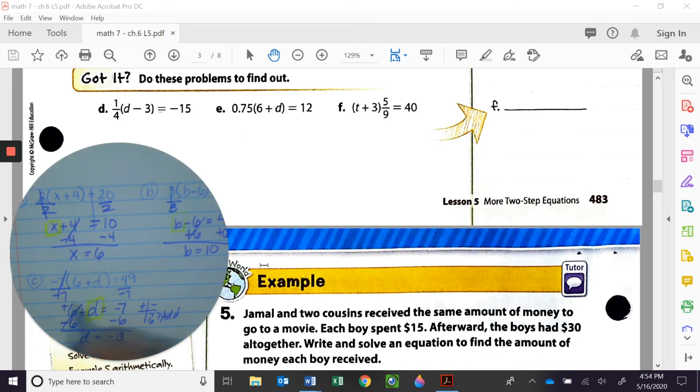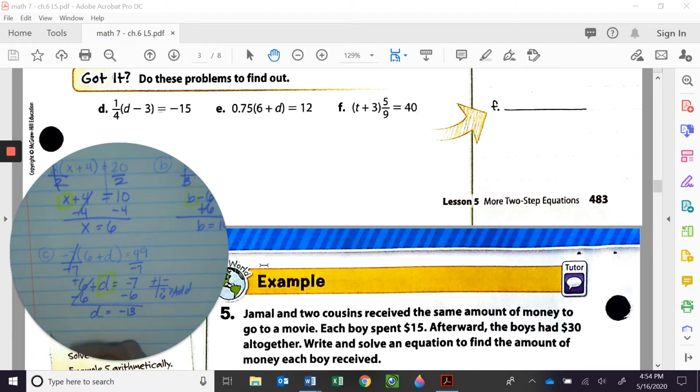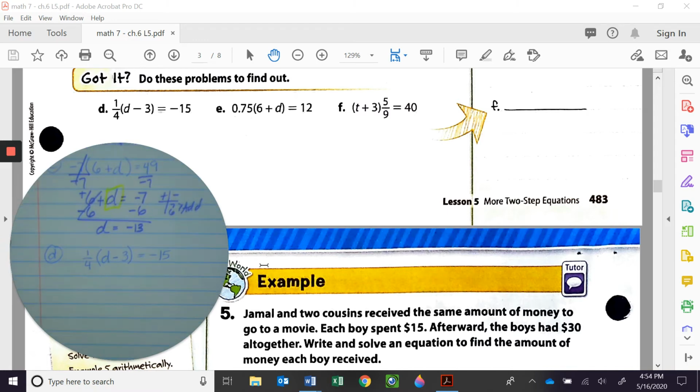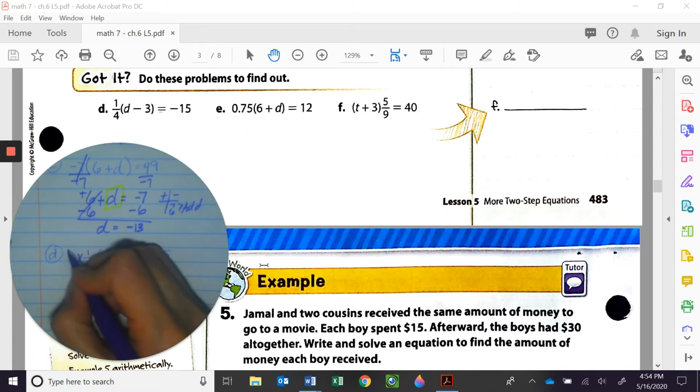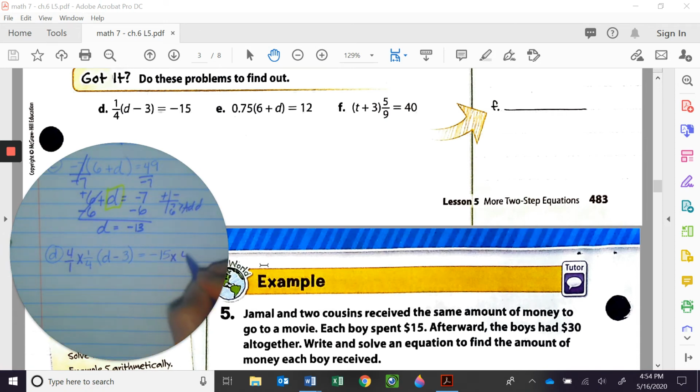Even if we have fractions, the idea still works the same. The only difference here is that, remember our rule about fractions, we can't divide by fractions. We have to multiply by the reciprocal. So this fraction goes away, leaving us what's inside of the parentheses. Here, though, we have to multiply over here.